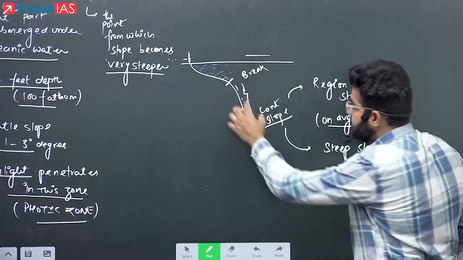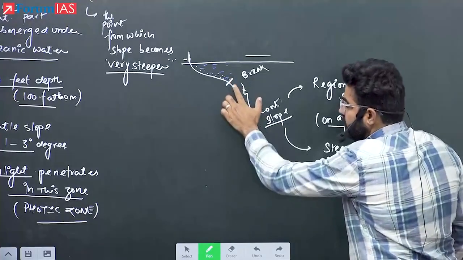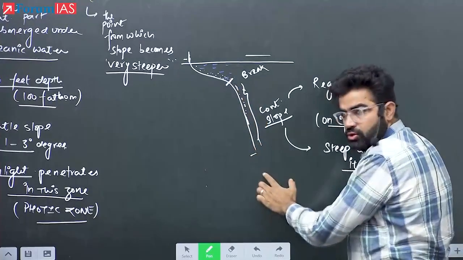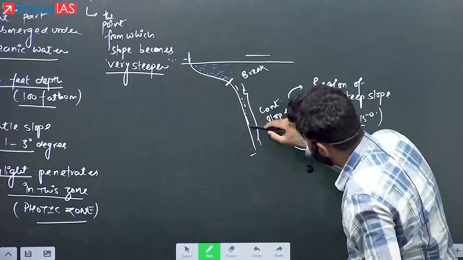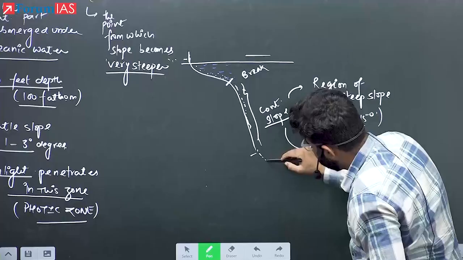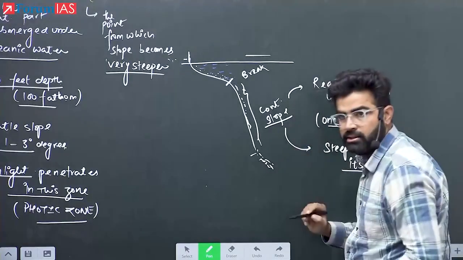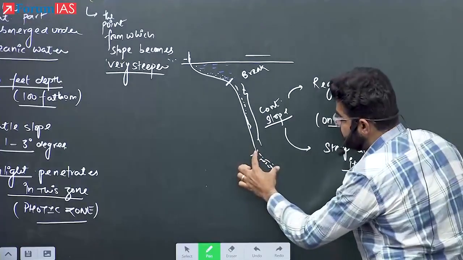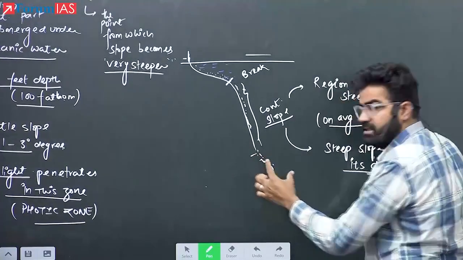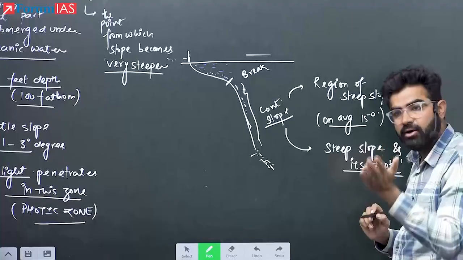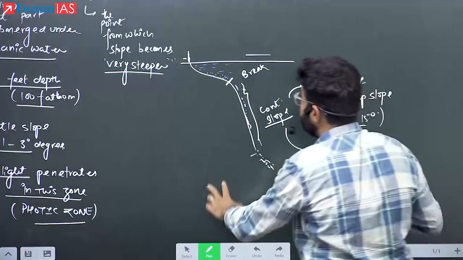So the sediments will roll down along the slope, and when they reach near the bottom, again you will see the deposition may start. Okay, so sometimes in the bottom you will see some continental features are now again rising. So this type of feature will be found.